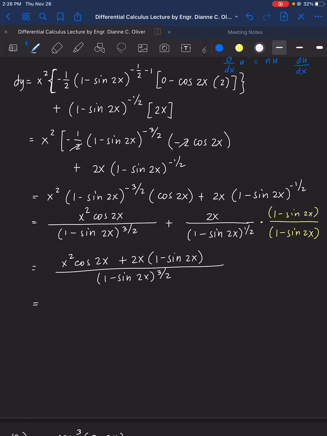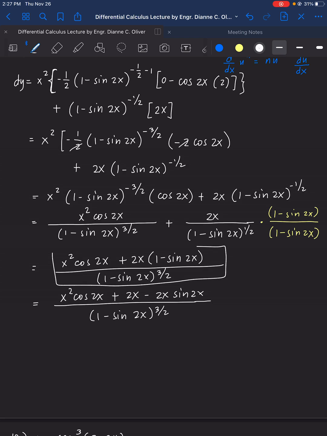Therefore, this is now x squared cosine 2x plus 2x minus 2x sine 2x all over 1 minus sine 2x raised to 3 halves. Okay, so we can have this as answer, or we can have this as answer.